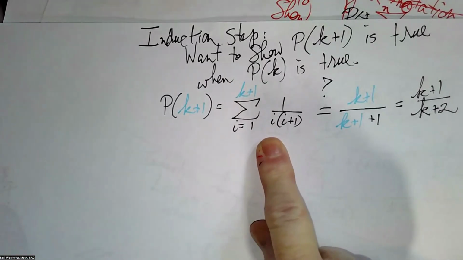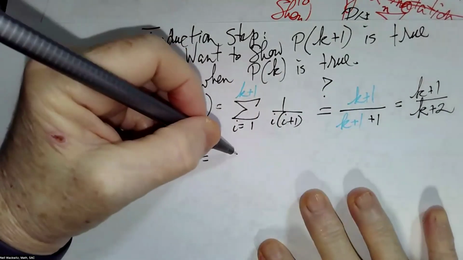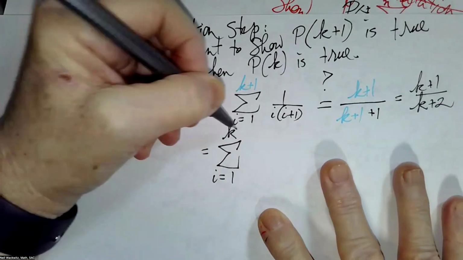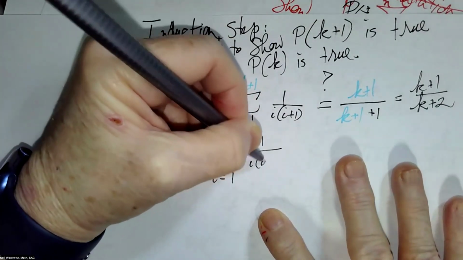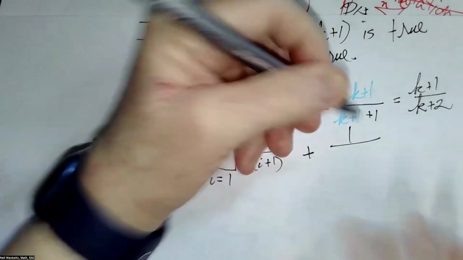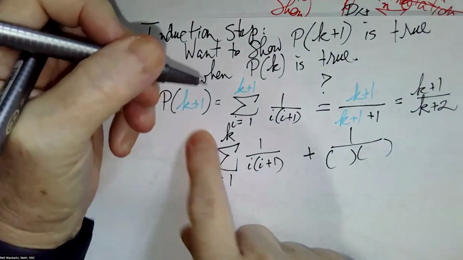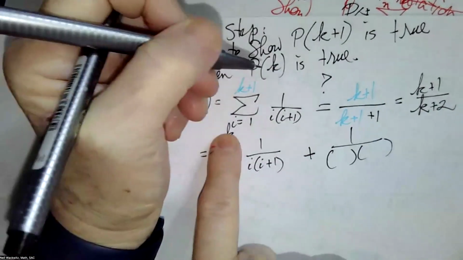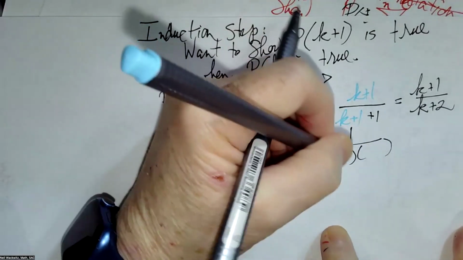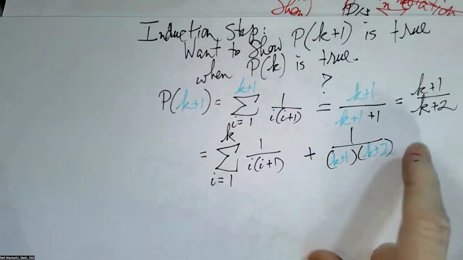We're going to do the same trick. We're going to rewrite this summation as the sum as I runs from 1 to K, 1 over I times I plus 1, plus 1 over, at the K plus first one, we'll have 1 over K plus 1 times K plus 2, K plus 1 plus 1.